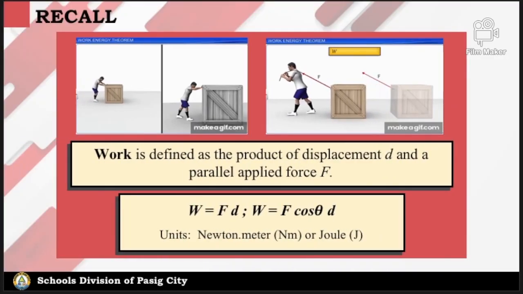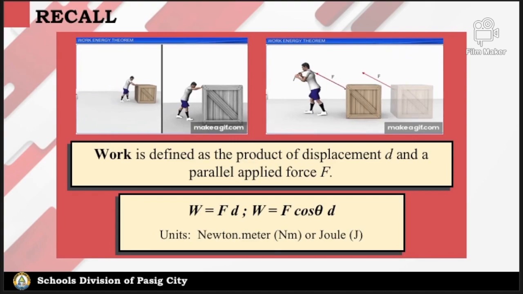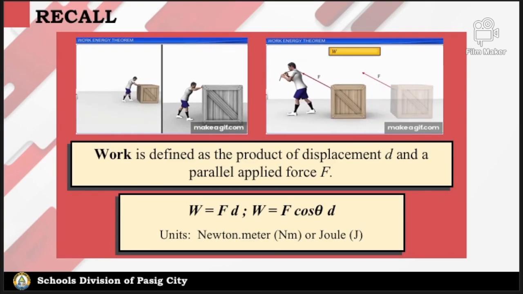But before that, let us recall the concept of work. Work is done when a force moves something in the direction of the force. An object has potential energy by virtue of its location. For example, doing work by lifting an object increases its gravitational potential energy. Therefore, we can say that work is defined as the product of displacement and a parallel applied force.